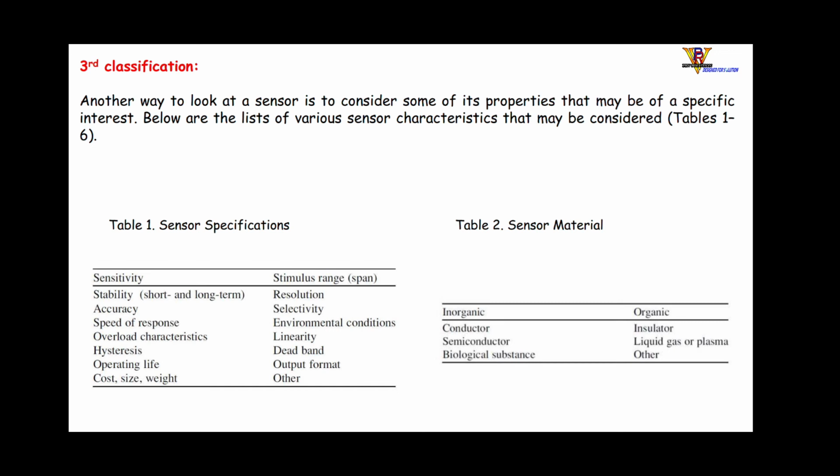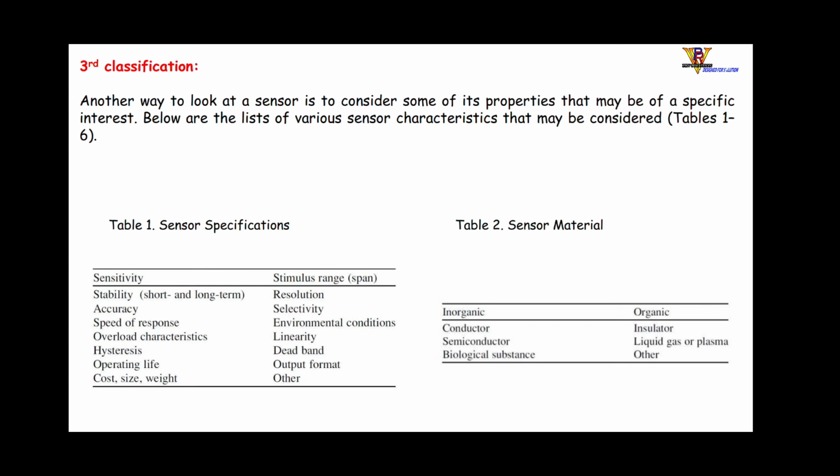Sensors are specified according to these terms: sensitivity, stability, accuracy, speed of response. What is the speed of response of a sensor? What are overload characteristics? What is hysteresis? Operating life, cost, size, weight, resolution, selectivity, environmental conditions, linearity, deadband, output format.